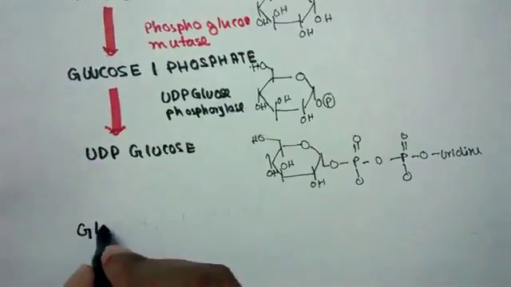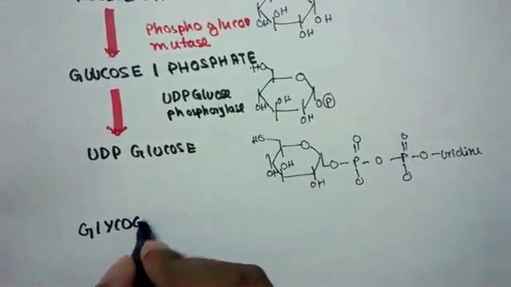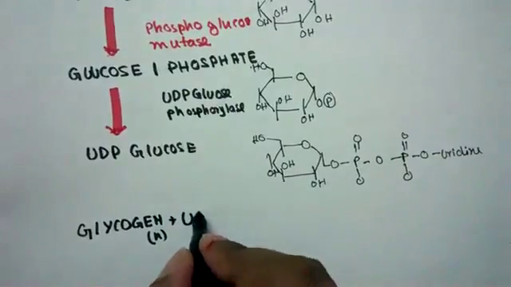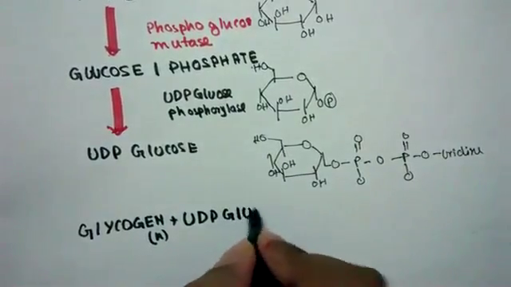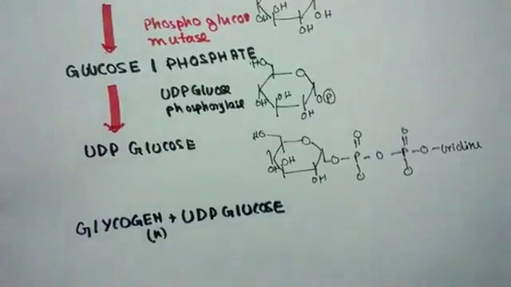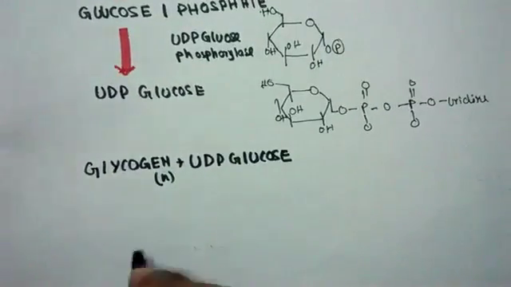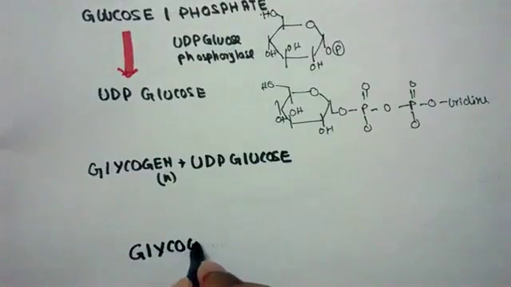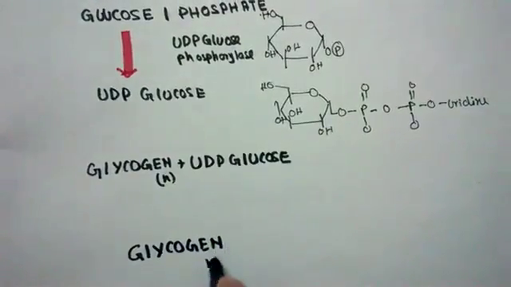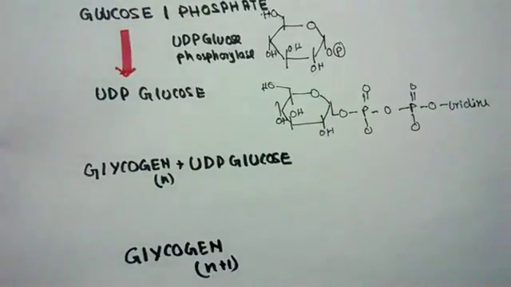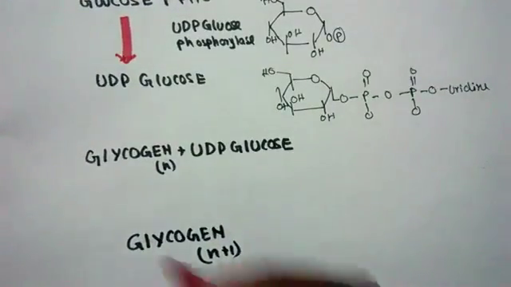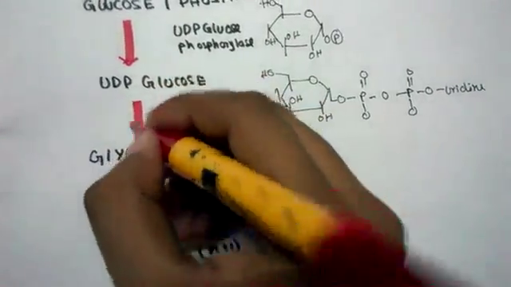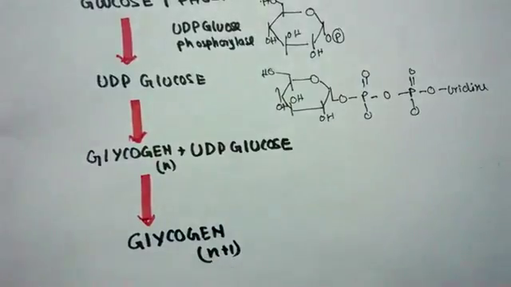So we have a preformed glycogen polymer, we would denote it as N, and now it would attach with UDP glucose, and ultimately it would form glycogen, and it would increase the chain by one residue. So this would be the final reaction.